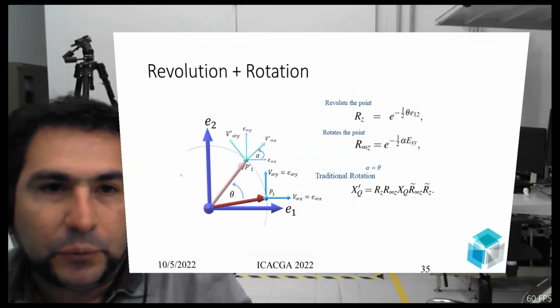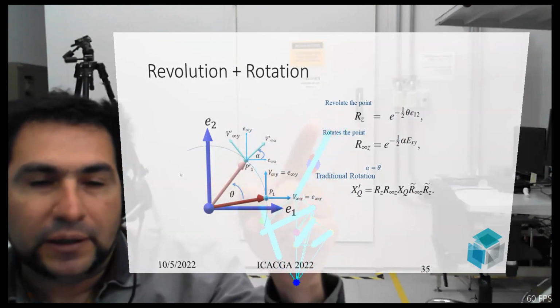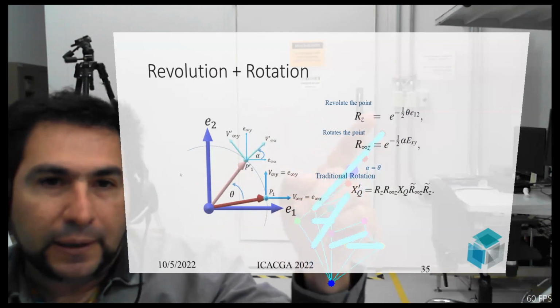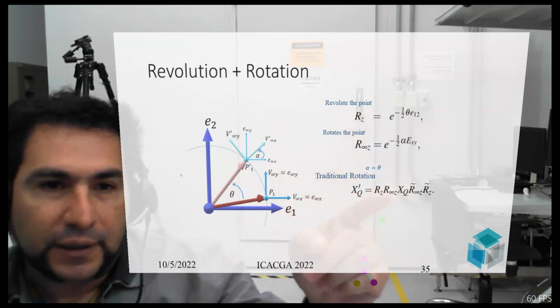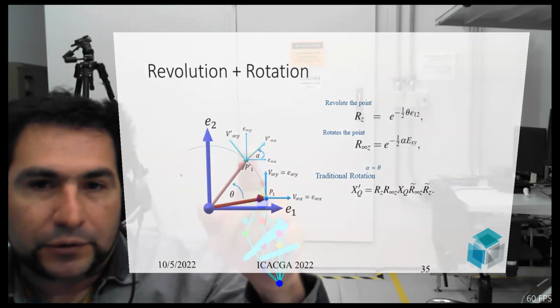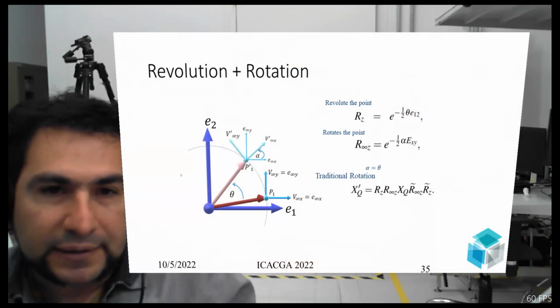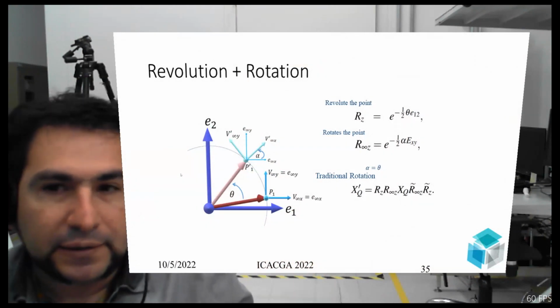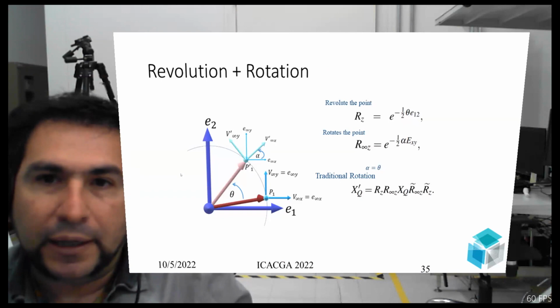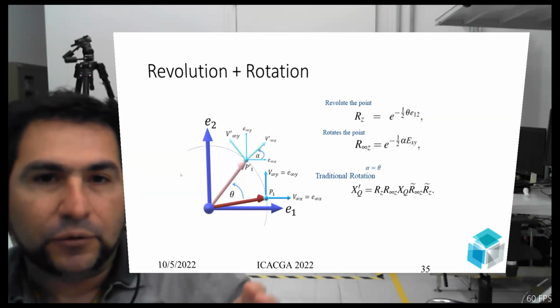Once we have that, we can now differentiate between the revolution and the rotation, because now you can apply these 2 transformations, concatenate them, and you can see the point not only rotates, but also you can rotate it on its own axis. So it's like it has an egocentric coordinate framework, let's say, that you can also rotate.